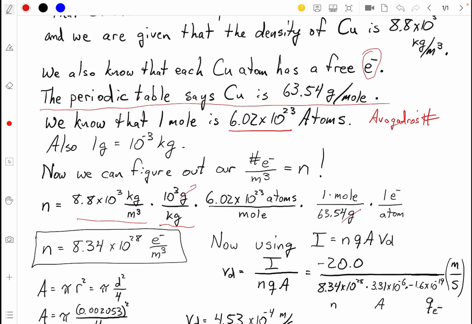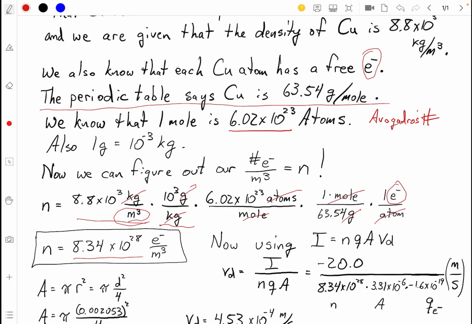So our grams can cancel, our kilograms can cancel, our atoms can cancel because 1 electron per atom. Our moles cancel, and we are left with electrons per meter cubed, and that's exactly what we want. We have the number per volume of electrons, and that's 8.34 times 10 to the 28 electrons per meter cubed. Those are free electrons ready to go.